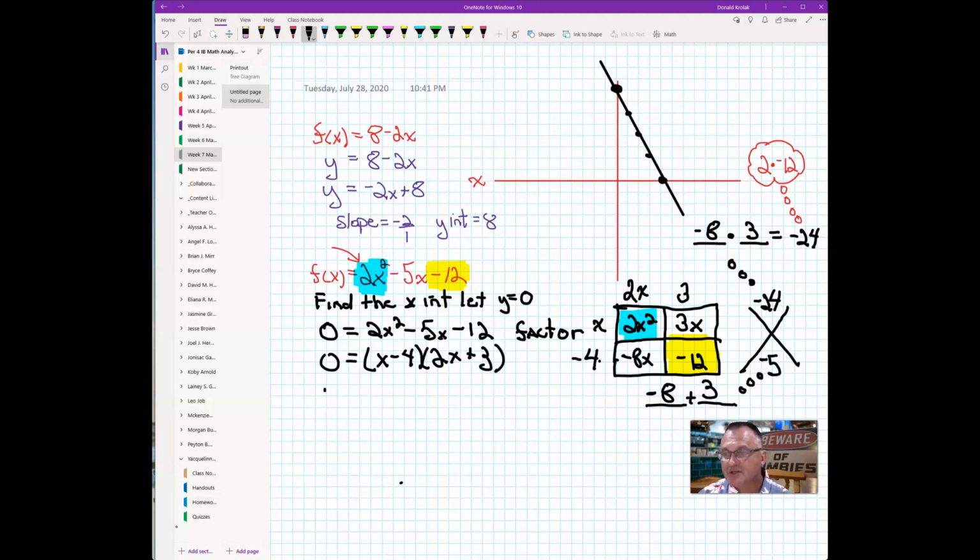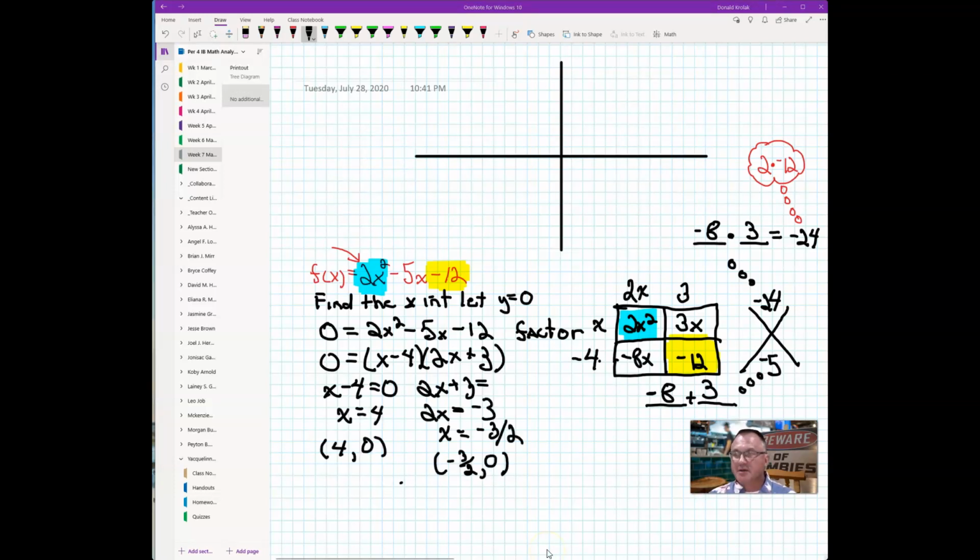Now I can solve each one of those for 0, and that's going to tell me the x-intercepts. So we can plot those points. We got positive 4, 0, and negative 1.5. I know my line of symmetry is going to be halfway between those two numbers.